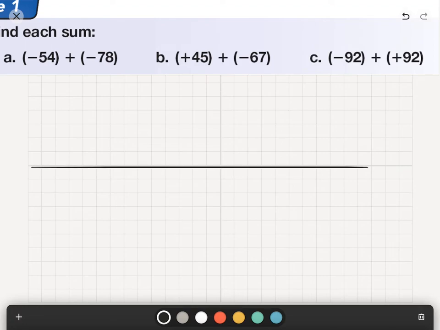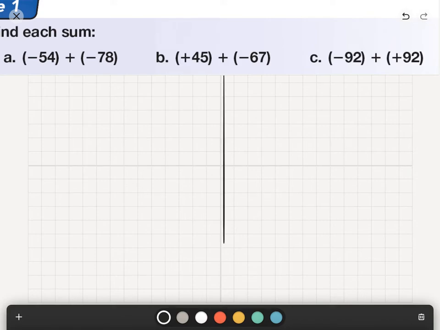Okay, before we start, let's talk about our friend the plus sign. What an addition sign means is combine these values together. That's really what it means. It's good to point this out because we are combining positive and negative values.